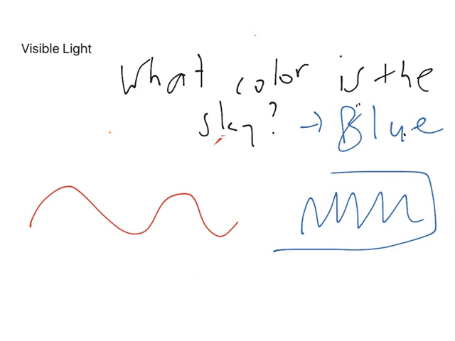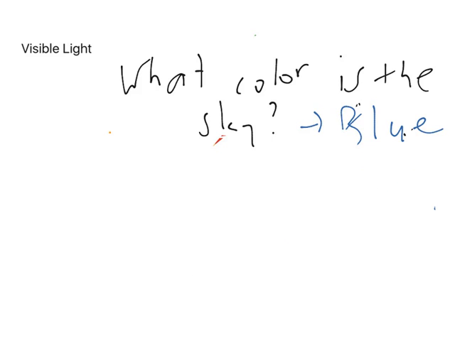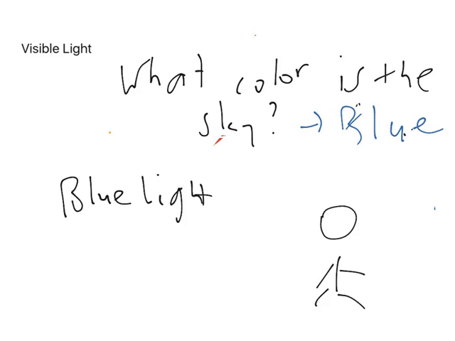It's also why our bodies use blue light to tell us that it's daytime. So when we get blue light, so here's a person. When blue light goes to the person, our body thinks it's daytime. Daytime means no sleeping.